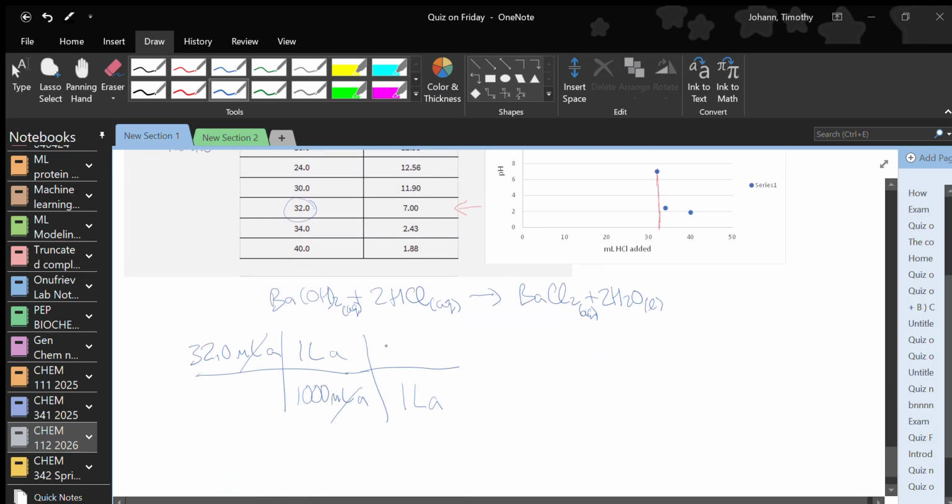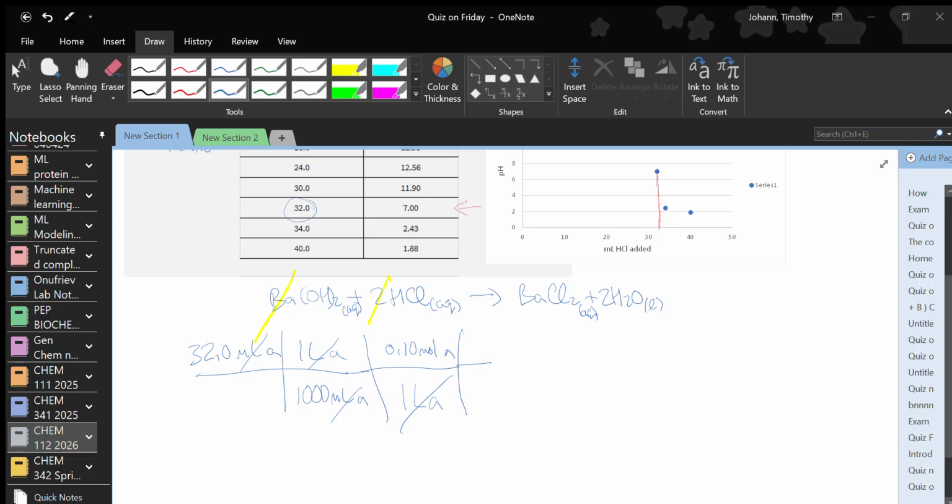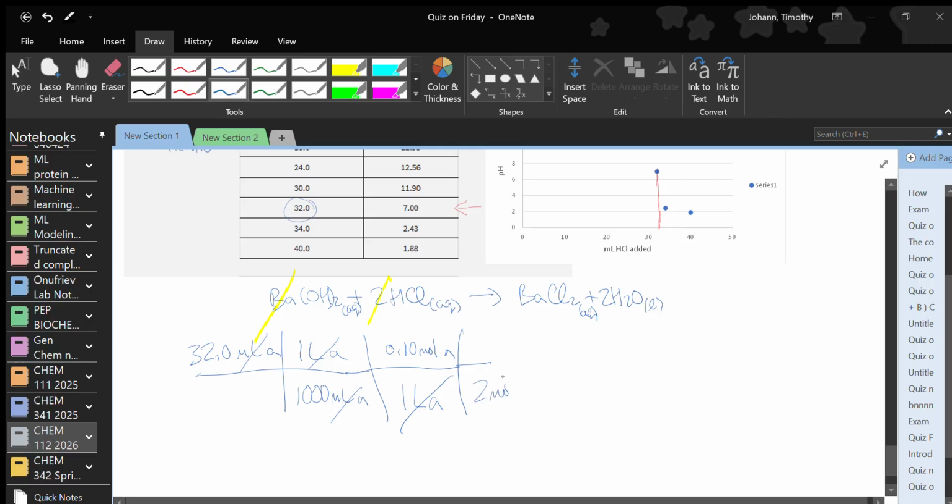So 1 liter of acid, I'm going to have 0.10 moles of acid. That cancels. And then now we need to look at our ratios here. 2 moles of acid react with 1 mole of barium hydroxide. So 2 moles of acid is going to give us 1 mole of base.